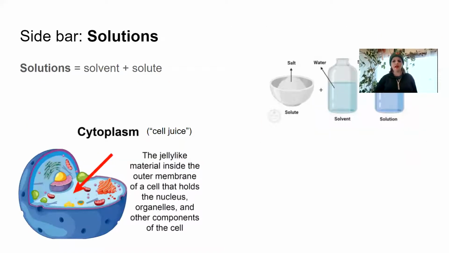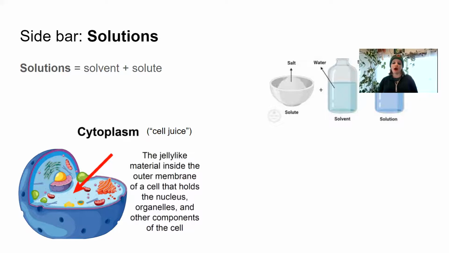Okay. And then just this quick little sidebar, because we're going to introduce some terminology that I don't think we've covered in class yet. When we talk about solutions, what we're talking about is some junk dissolved in some other junk. The solvent is usually a liquid that does the dissolving.